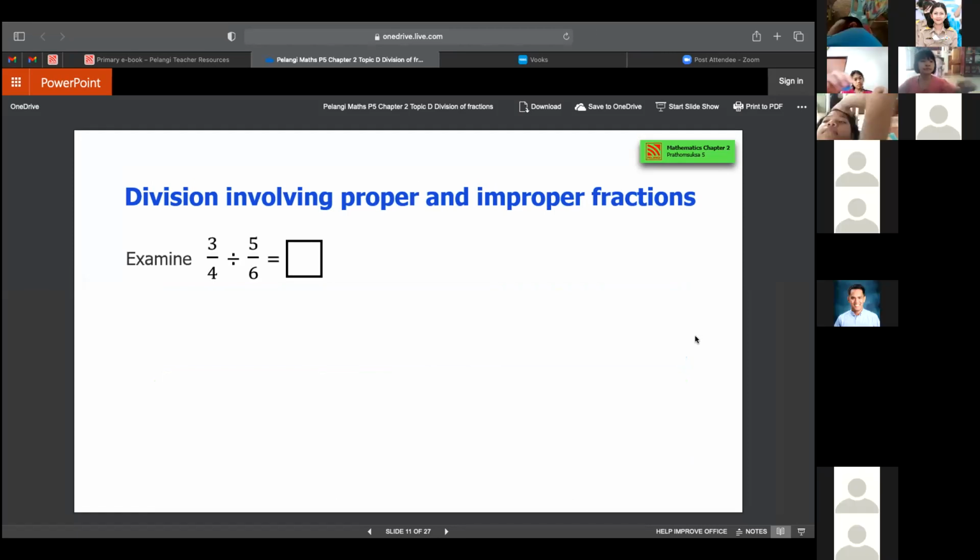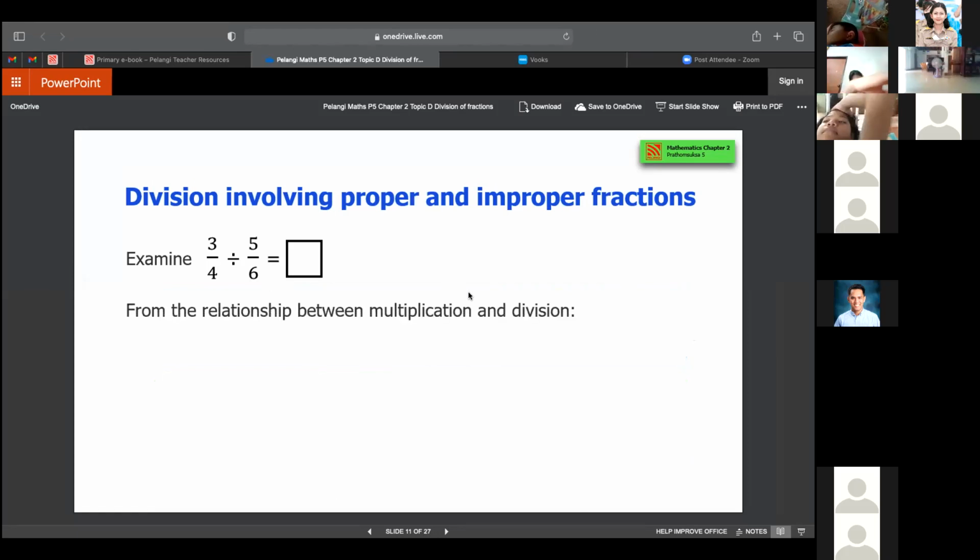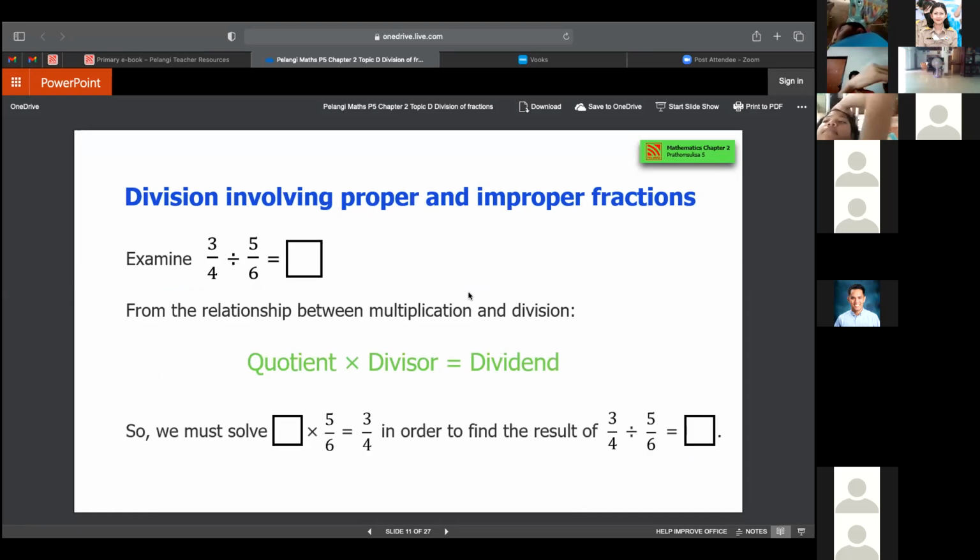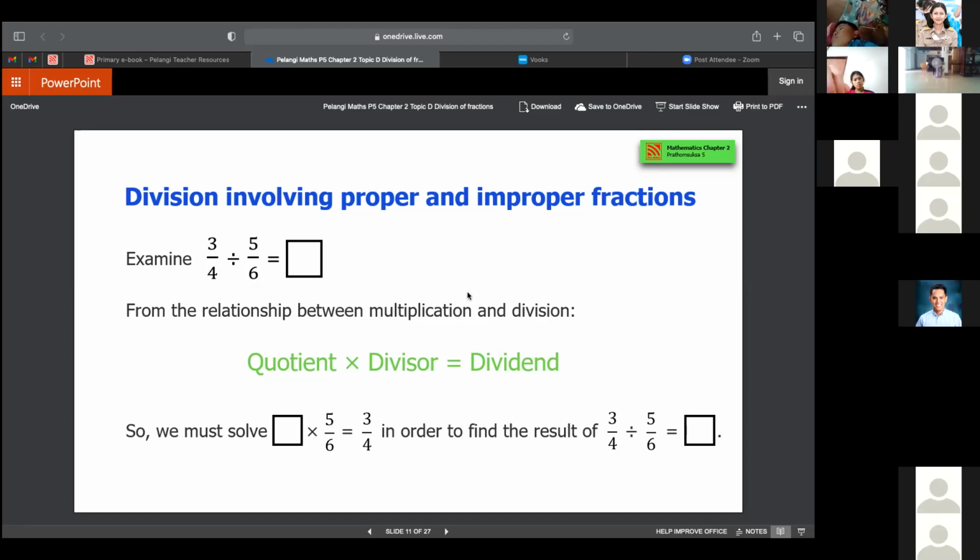Let's have the first example: 3/4 divided by 5/6. From the relationship between multiplication and division, quotient times divisor is dividend. So we must solve blank times 5/6 is equal to 3/4 in order to find the result of 3/4 divided by 5/6.